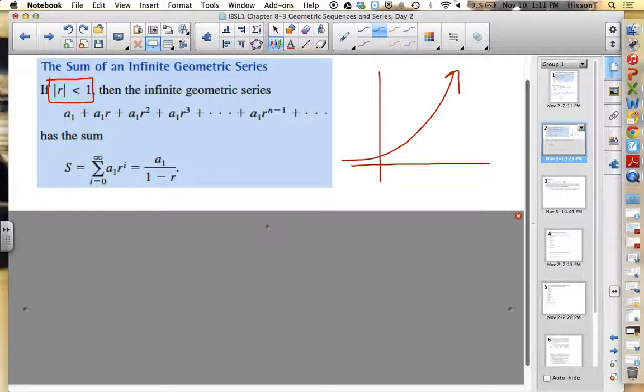This would be like 2 to the x, or 4 to the x, or whatever. However, when whatever you were raising to the x power was a fraction, like 1/2 to the x, it ended up decaying, and you notice you had this horizontal asymptote on the x-axis.